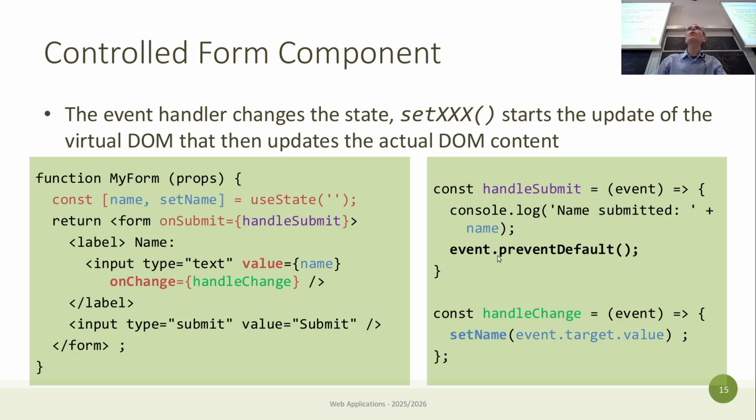It is one of the methods that is always present on the event object. The other place where you should do the prevent default are the links. You don't click with the links, but we will see that we don't need to use the anchor tag so much in our application.